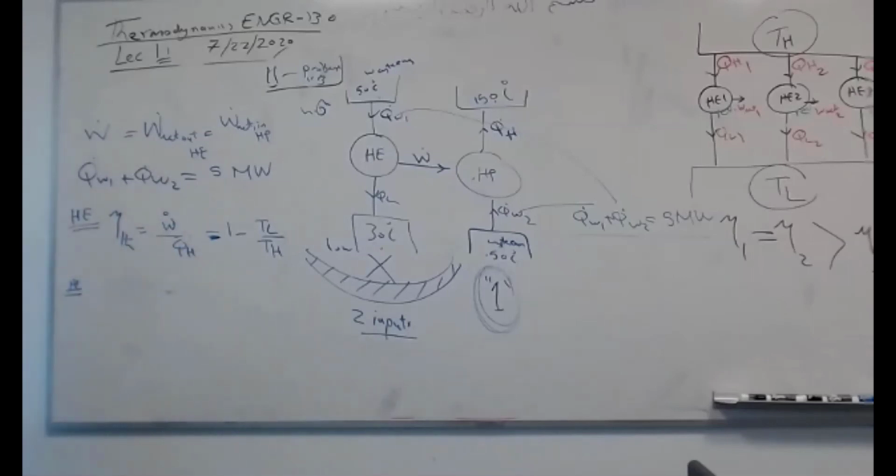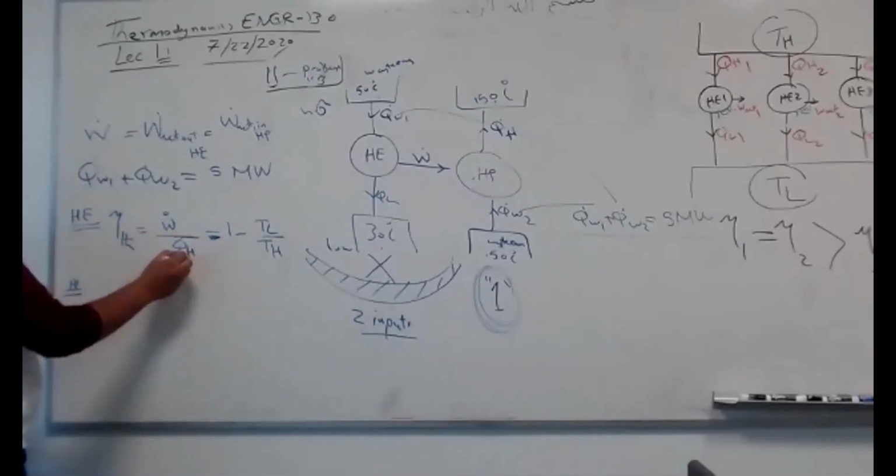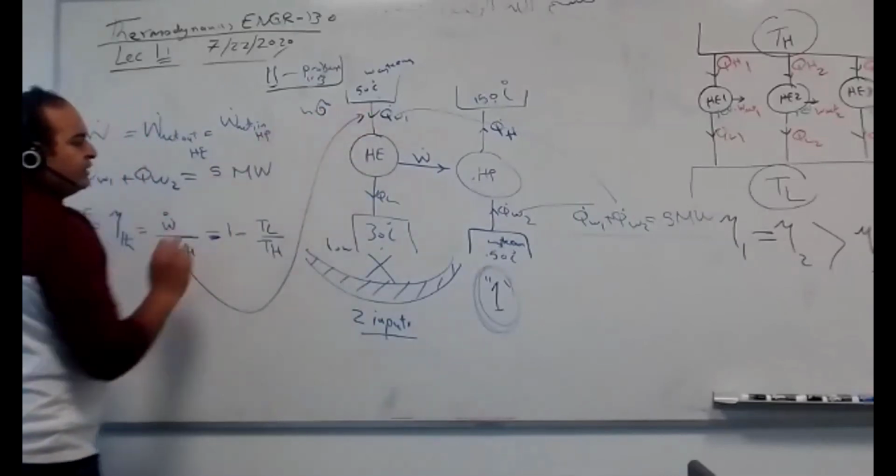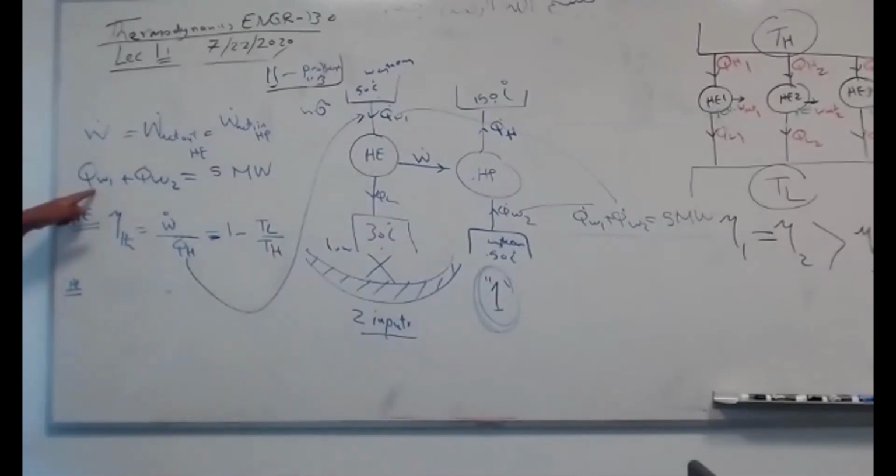So for the thermal side, I don't know what this is. Q high here is this waste energy 1, which somehow I know, part of it. W net from the heat engine equals W net in for the heat pump.